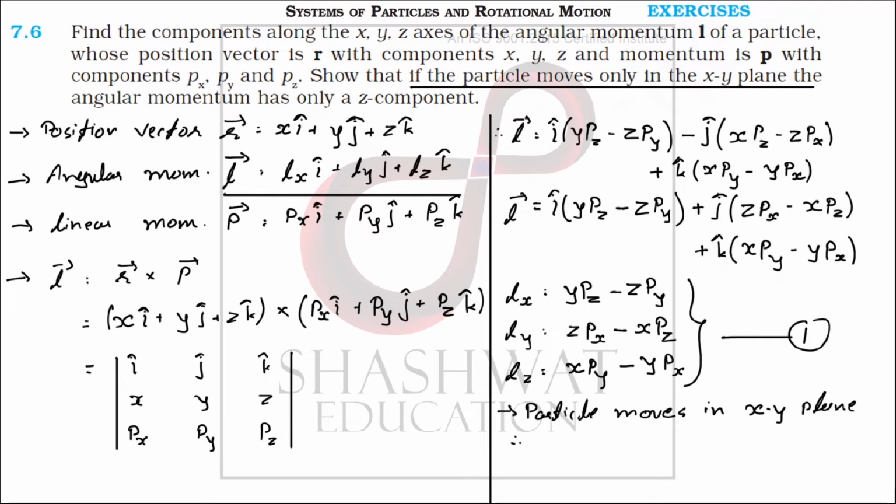Therefore, in position vector z will be equal to 0, and in linear momentum pz will also be equal to 0.